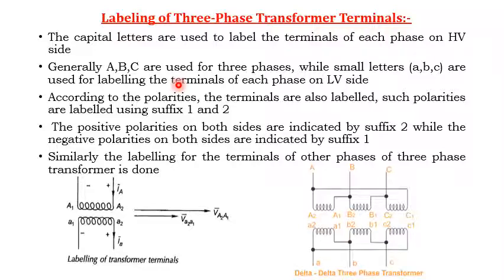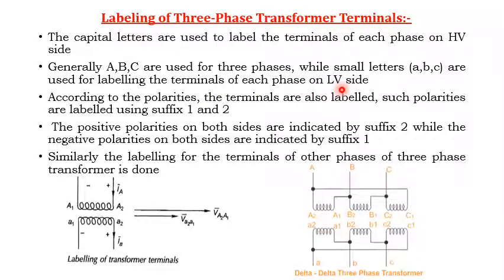Generally, capital letters A, B, C are used for the three phases, while small letters a, b, c are used for labeling the terminals of each phase on the LV side.